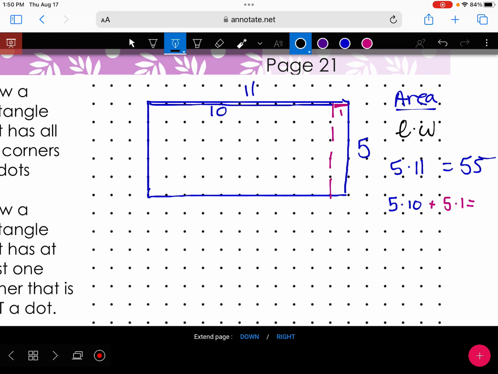Because next thing we're going to do is draw another rectangle on our page. I'm going to draw one down here. And this time I'm going to end not on a dot on both my walls. So I can't just count it up.